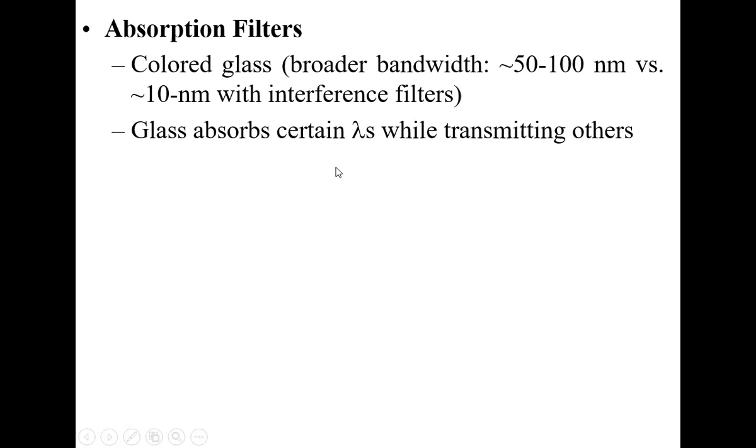So glass absorbs certain wavelengths while transmitting others. And there are types of these absorption filters. You can measure them with their band pass, the band pass of between 50 to 100 nanometers. When you talk of a band pass, what do we exactly mean by a band pass?